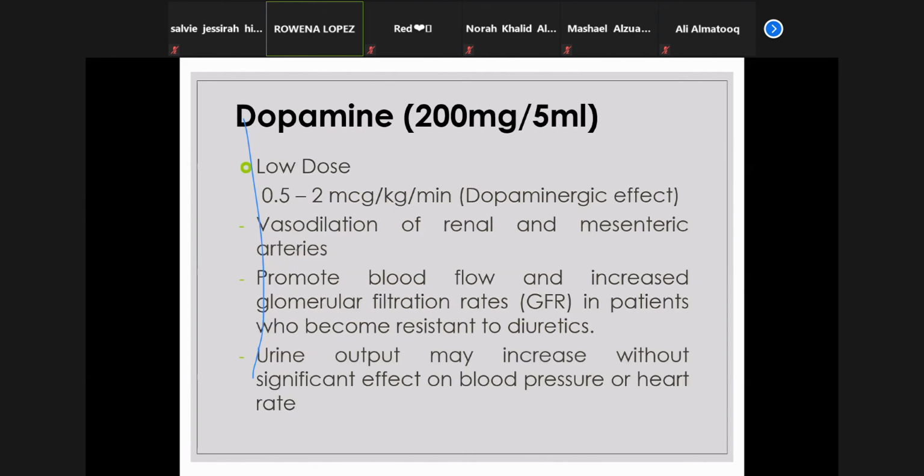We have here a low dose of 0.5 to 2 micrograms, which promotes blood flow and increases glomerular filtration rate. Sometimes a patient may have decreased urine output, so usually they start with the renal dose, which is 5 micrograms. Please take note that the urine output may increase without significant effect on blood pressure or heart rate.